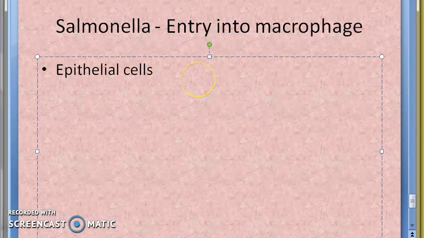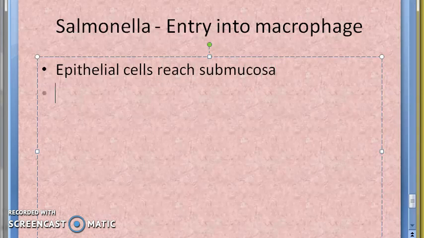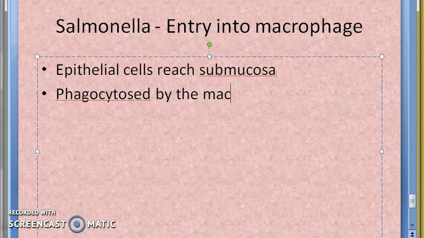Now these epithelial cells which are containing these vacuoles which contain Salmonella, they reach submucosa. Okay, here what happens? They are phagocytosed by the macrophages. Now these macrophages come in now and they are trying to dissolve these epithelial cells which contain the Salmonella bacteria.